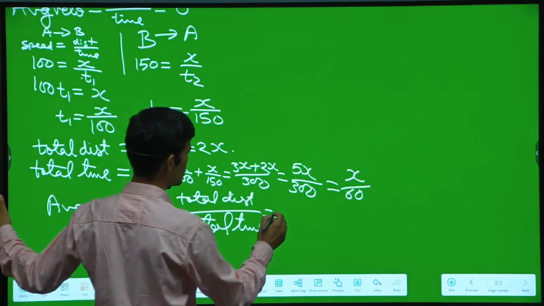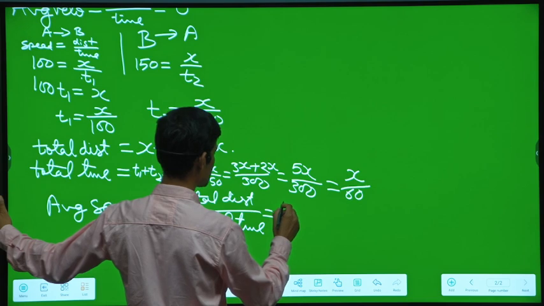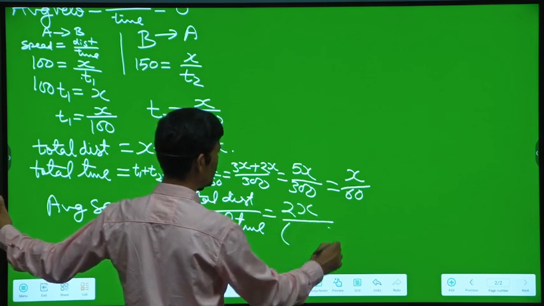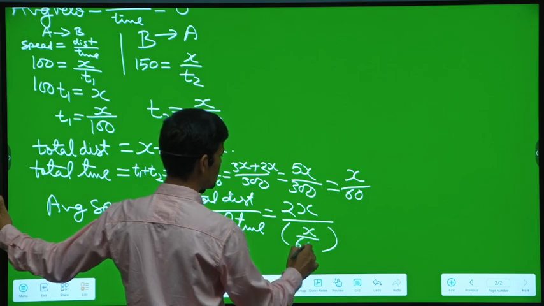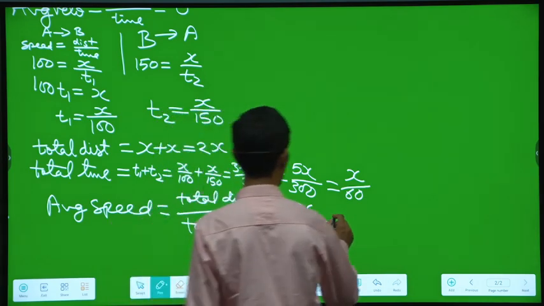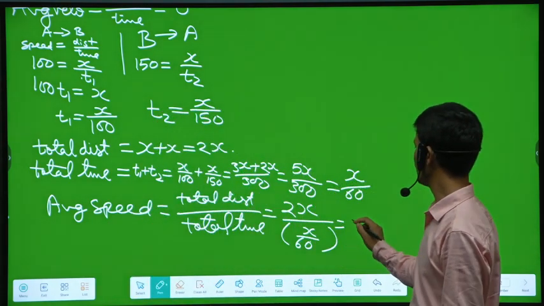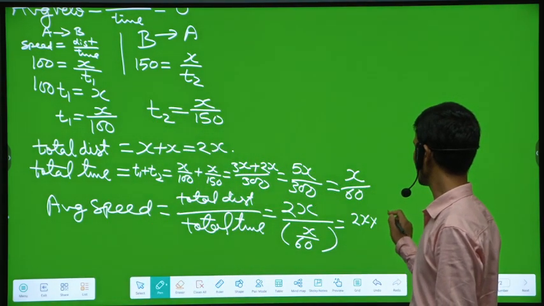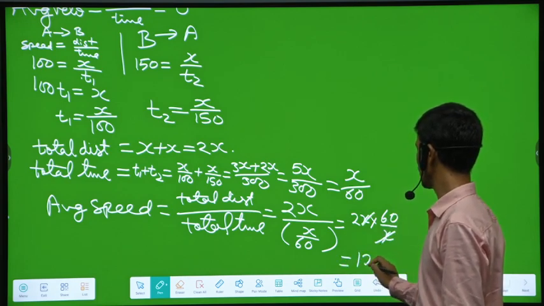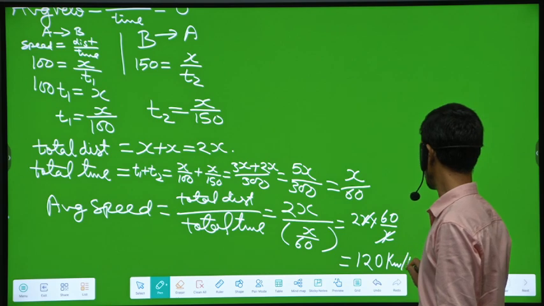Total distance is 2x and total time is x by 60. So it will be 2x multiplied by 60 by x. Answer is 120 kilometer per hour.